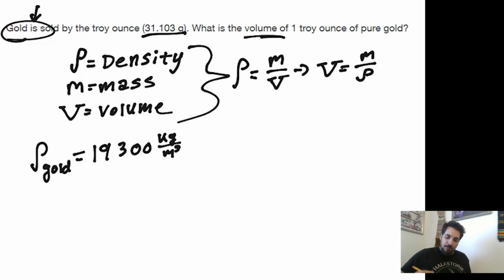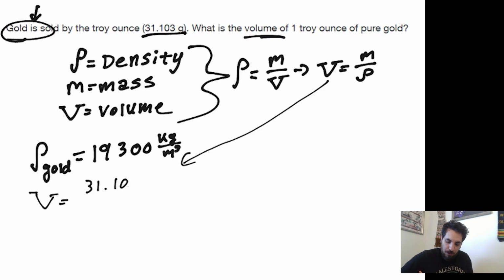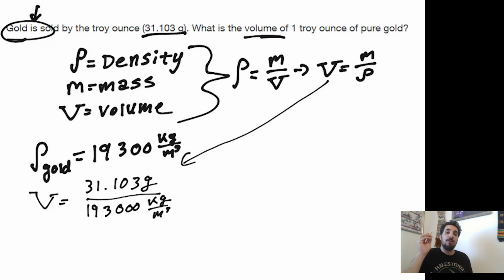So we take this and we look at our equation and we say, okay, well then that must mean that volume can be found by taking 31.103, our mass, divided by the density, 19,300 kilograms per meter cubed, and we run into an issue. Now it's very important here to understand that our units need to match up.